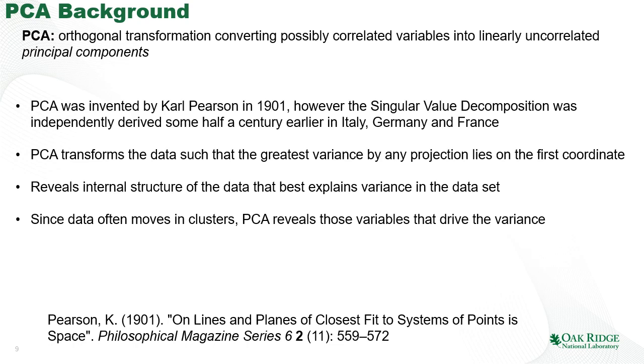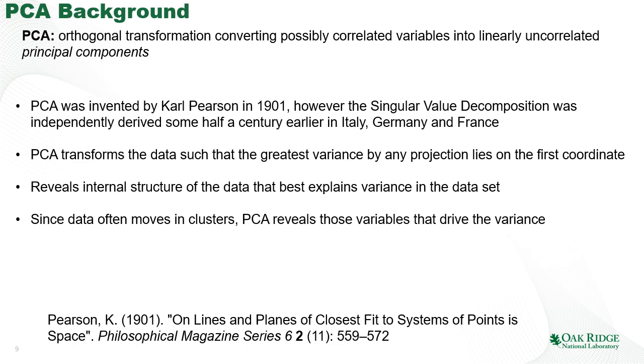Now, a little bit of history: PCA is an orthogonal transformation that converts variables which are possibly correlated into linearly uncorrelated principal components. It was invented at the beginning of the 20th century by Pearson, but there is a lot of earlier work, about half a century earlier, that defined the linear algebra necessary for the singular value decomposition.